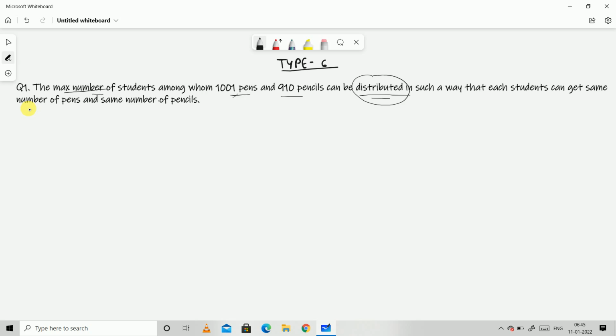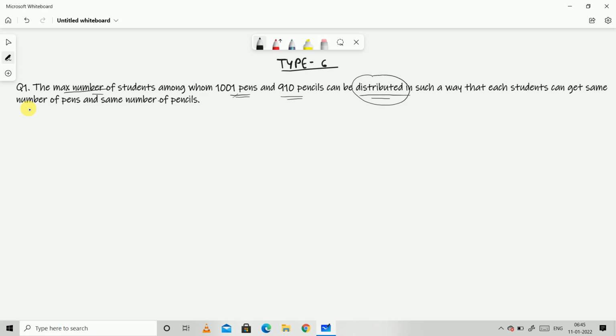So obviously I need to find the greatest number that can divide the number of pens and the number of pencils. That is going to be my maximum number of students. So simply I need to find the HCF of these.